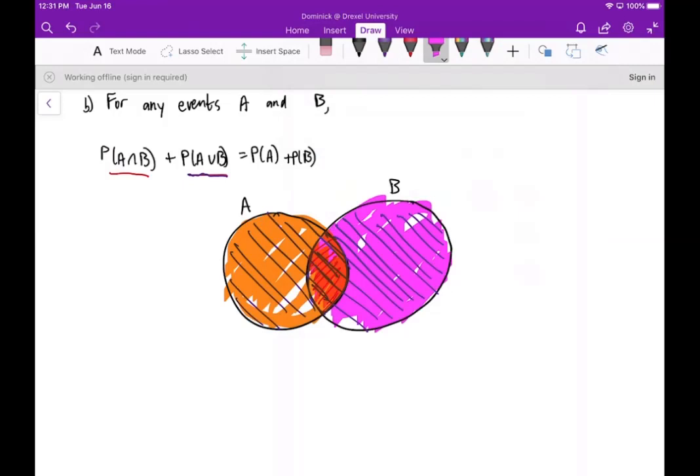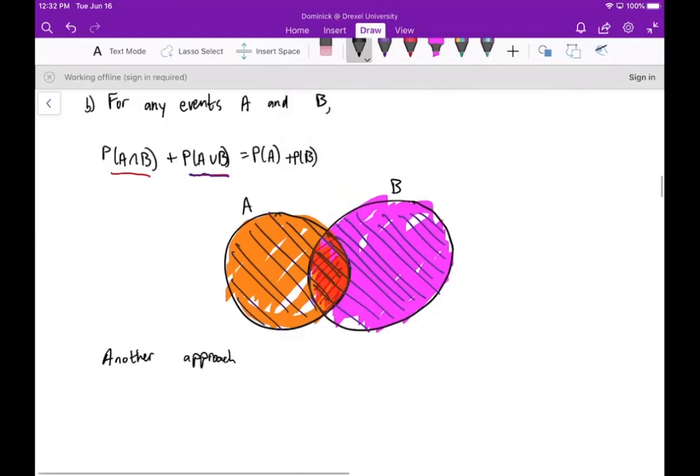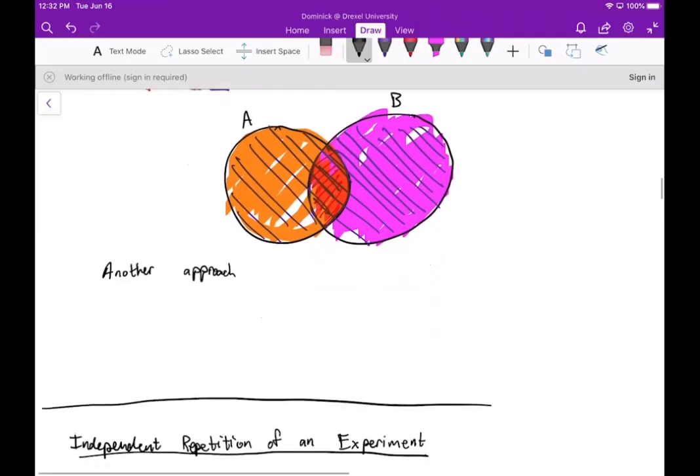Now, another way that you could show this is to break this up into a couple different regions, right? So another approach is to look at it this way.